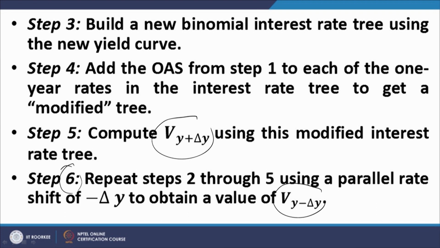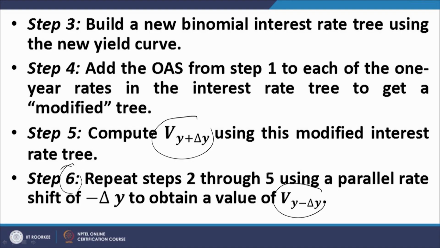So, you have V y minus delta y, you have V y plus delta y, that will enable you to work out the duration. It is quite simple. It will be V y minus delta y minus V y plus delta y divided by 2 delta y into V of y. Let me write it down for you.